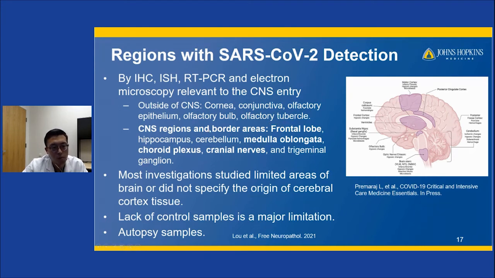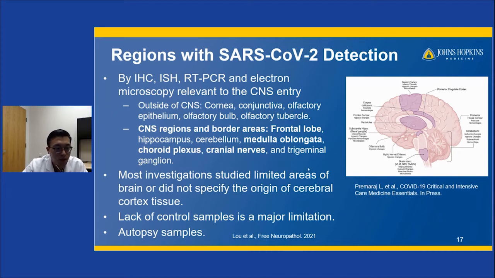CNS regions or border areas include frontal lobe, hippocampus, cerebellum, medulla, choroid plexus, cranial nerves, and trigeminal ganglion. So these are the common locations that were reported. I think lower brainstem, cranial nerves, and basal frontal lobes do make sense based on the discussion we had about transcribrial entry and also bloodstream hematogenous spread for this virus.